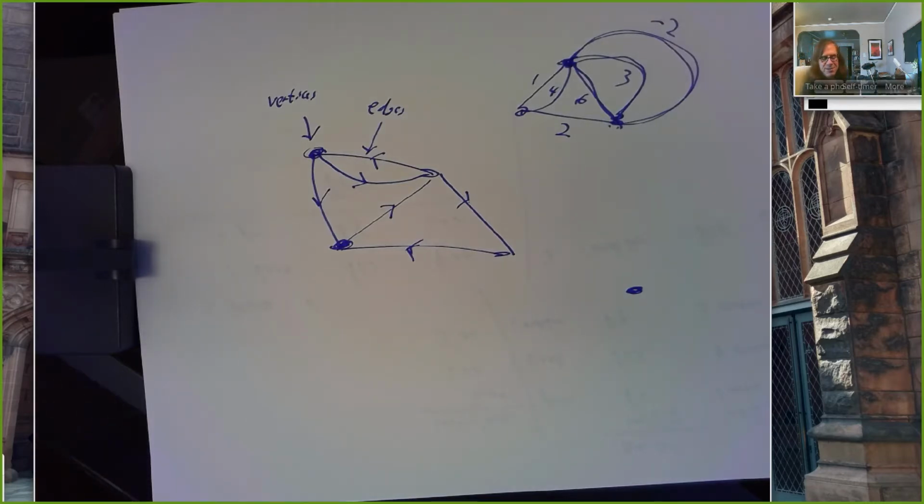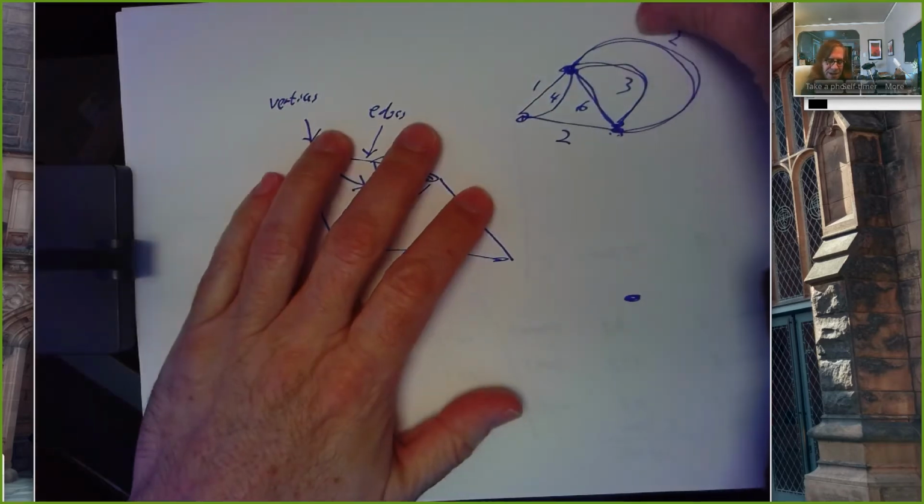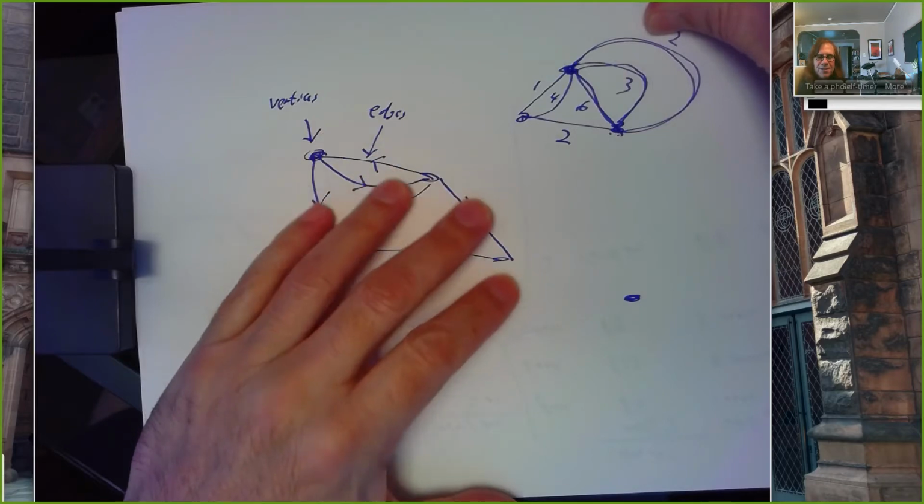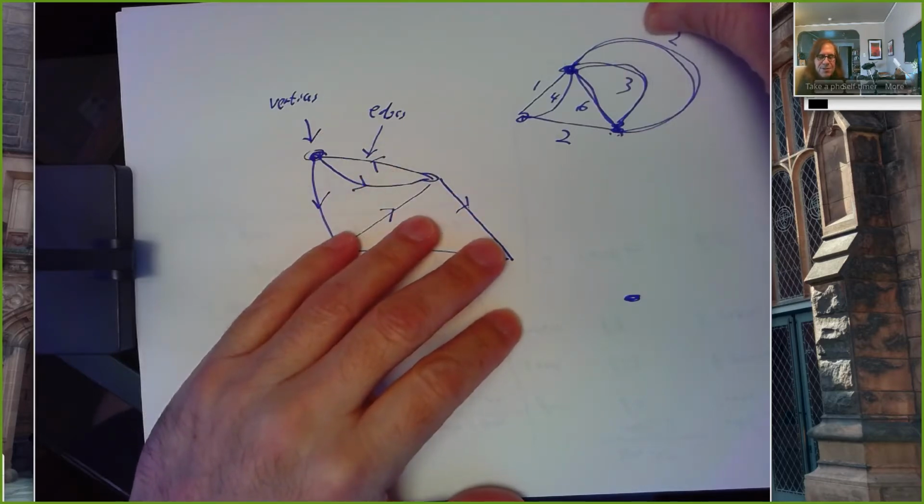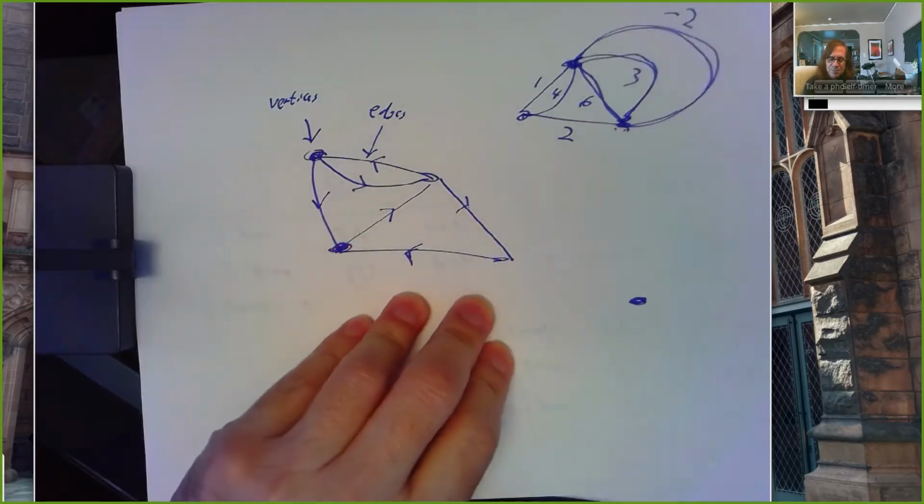In every one of these situations, things change, sometimes subtly, sometimes significantly. There are problems we can solve for a weighted graph, as long as the weights are all positive, that are very much more difficult to solve if we allow negative weights.